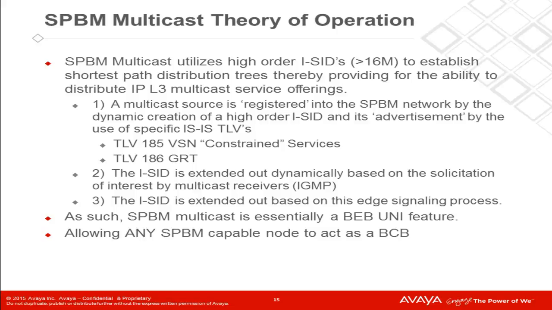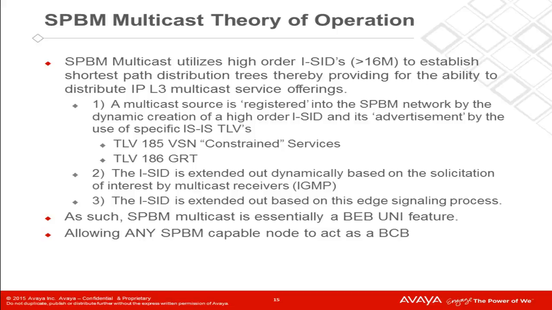The backbone edge bridge then propagates its advertisement by the use of specific IS-IS type length values. There are two defined: TLV 185 for constrained multicast services, to be used in instances where you wish to constrain or scope a particular multicast domain to a particular virtual service network, and then also type length value 186, which is global and is intended to work at the global route table or VRF0 level.